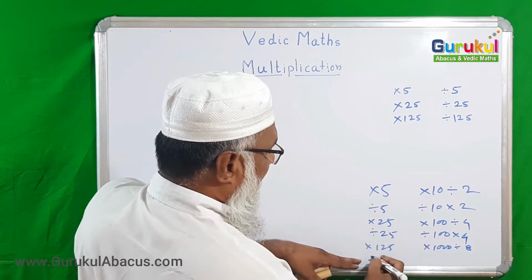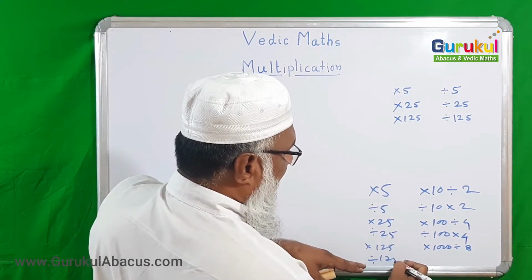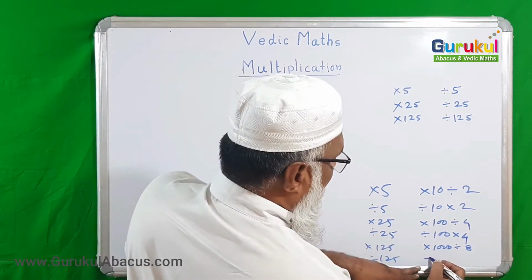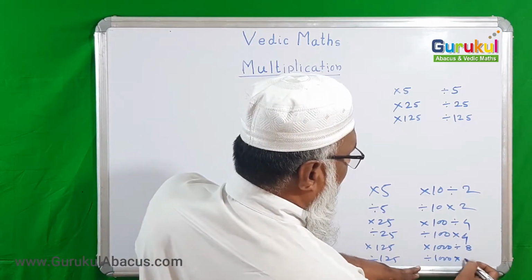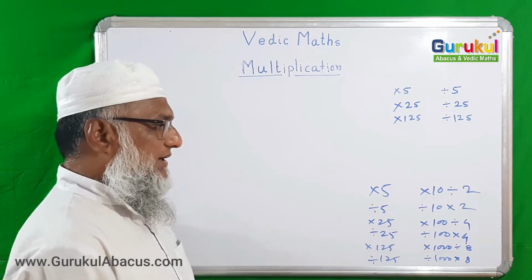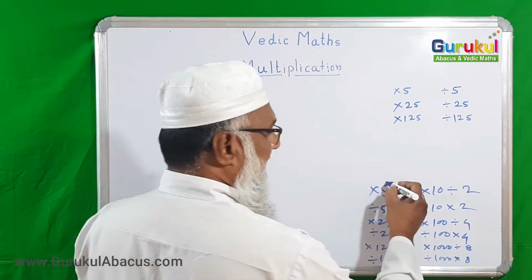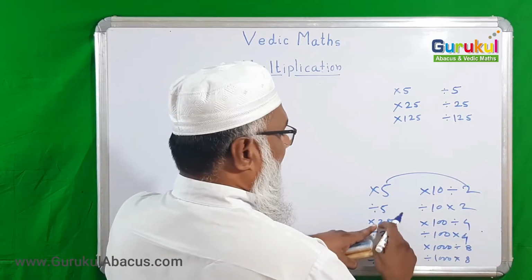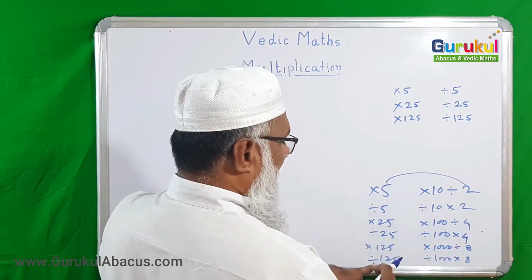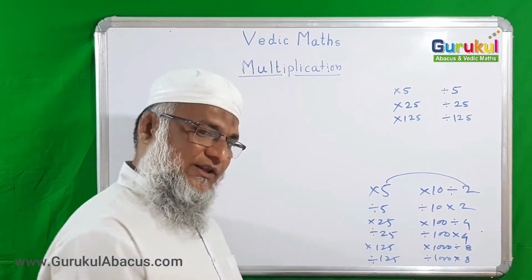Otherwise, division by 125 means dividing by 1000 and multiplying by 8, which would be the same. Here are the pairs: 5 and 2, 5 twos are 10; 25 and 4, 25 times 4 is 100; and 125 times 8 is 1000. In that way it has occurred.